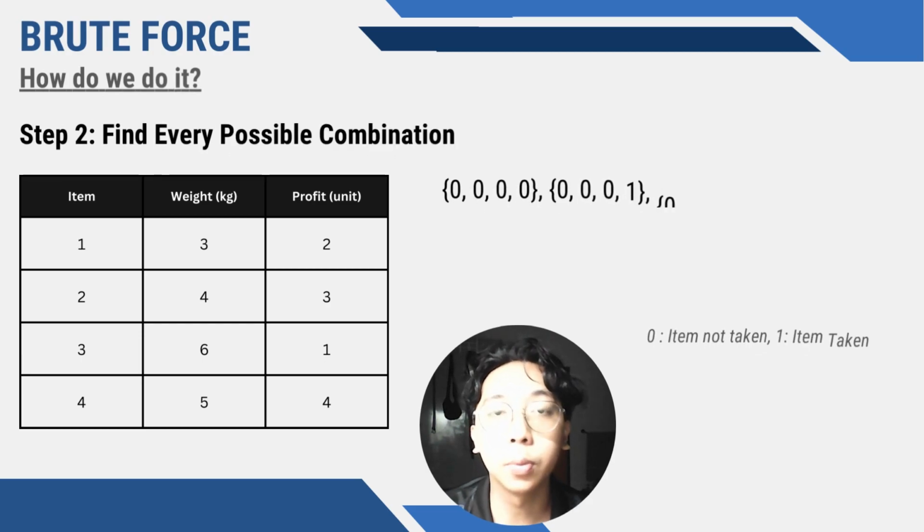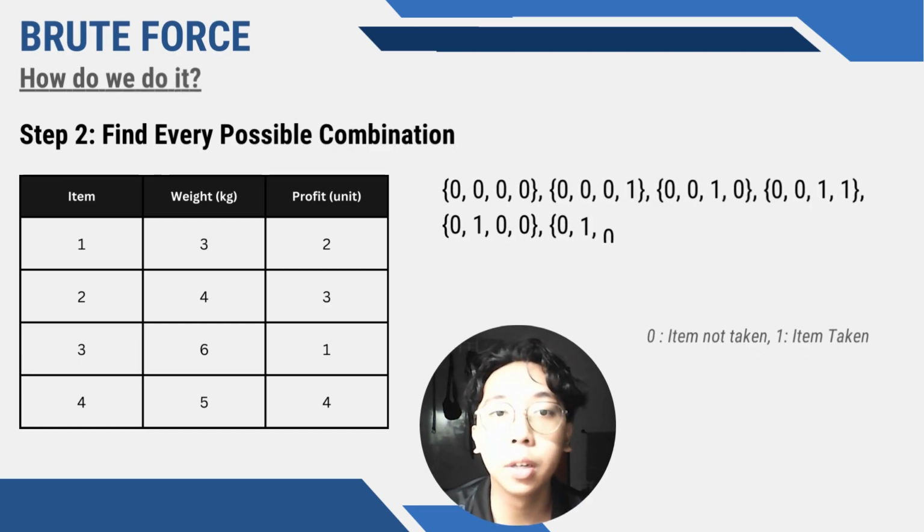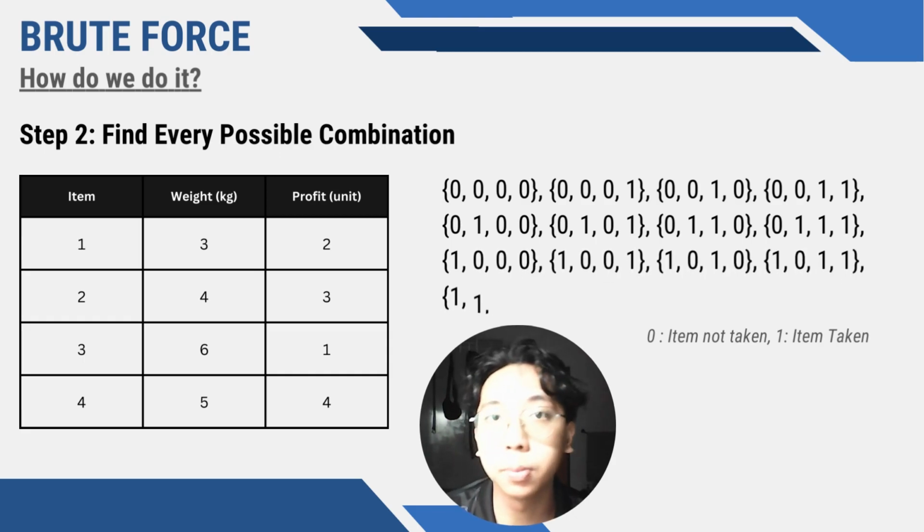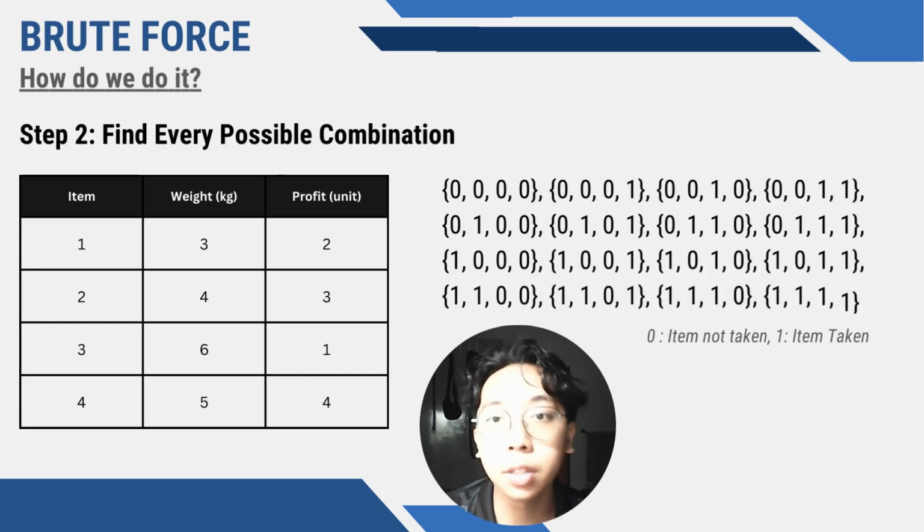Now for the second step, we have to find every possible combination of our 4 different items. As we said before, there will be 16 possible different combinations, and as you can see on screen, there are 16 different possible combinations. In this array, 0 means an item is not taken, while 1 denotes that the item is taken. However, if you look closely, these numbers are also quite reminiscent of binary, specifically 4-bit binary.